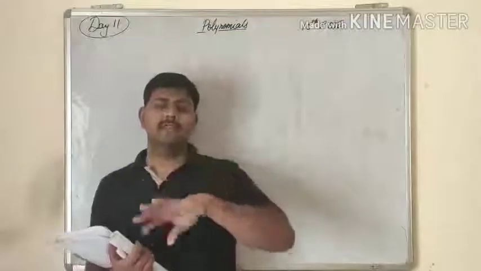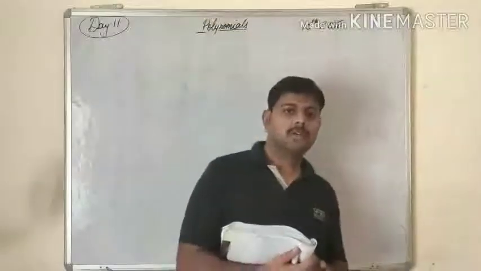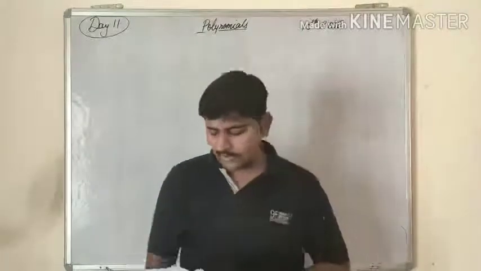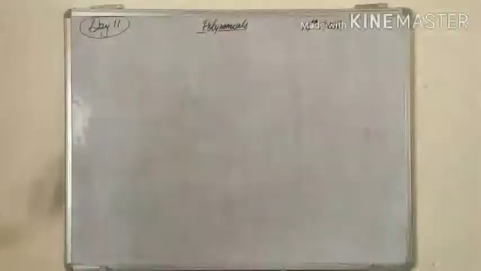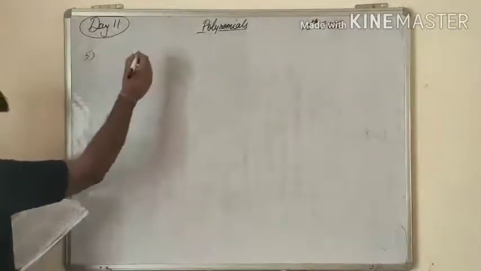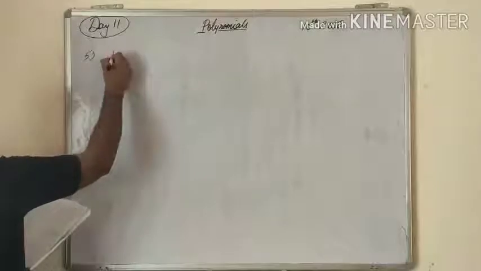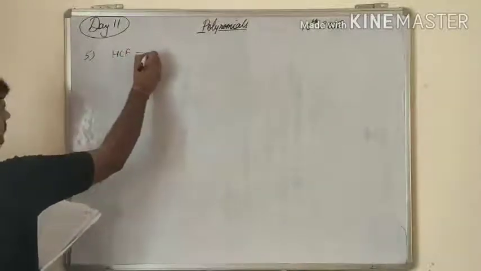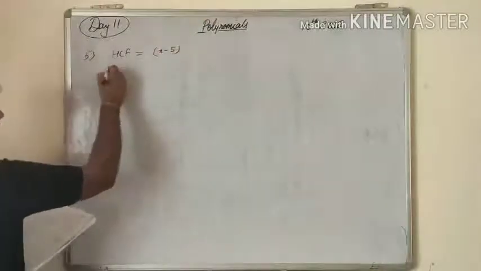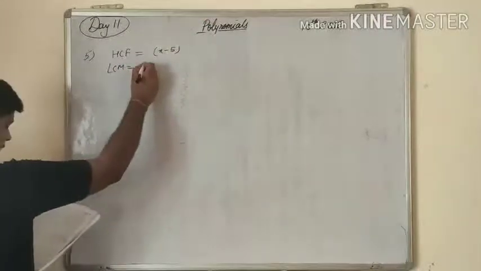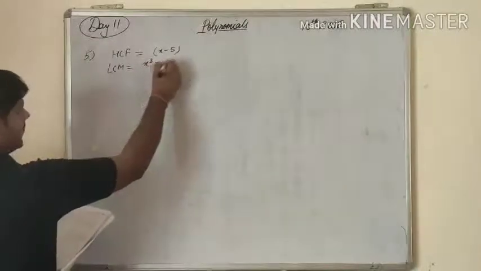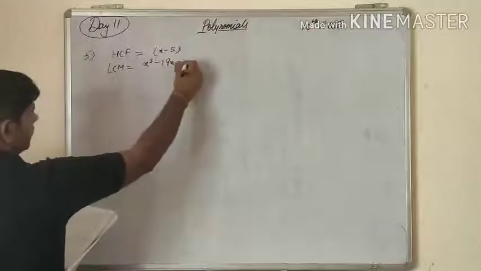So I'll take first of all A and B, the product of zeros, and then one by one we will find out. Let's do it. I'm writing first of all, there's given HCF is x minus 5, LCM is x cube minus 19x minus 30.